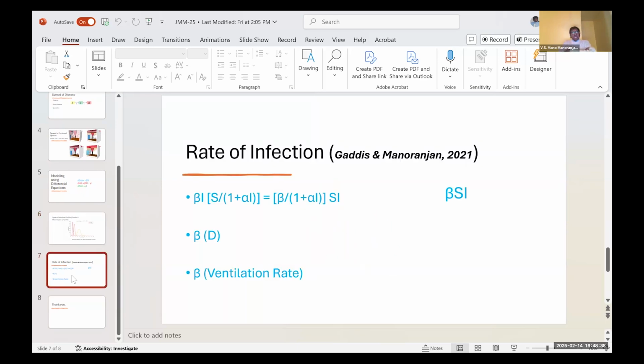So if you look at the first bullet point there, that is where I am trying to play with the rate of transmission beta.